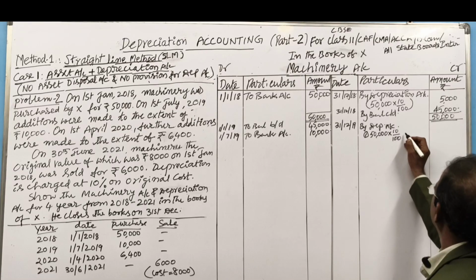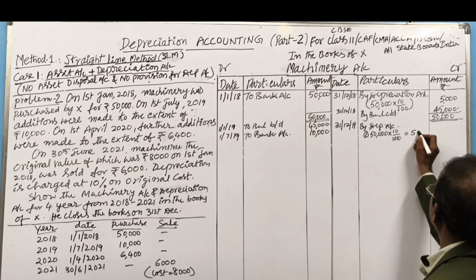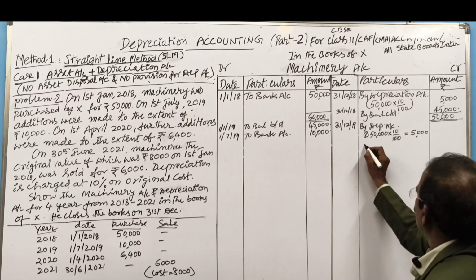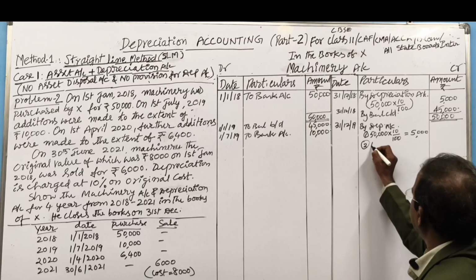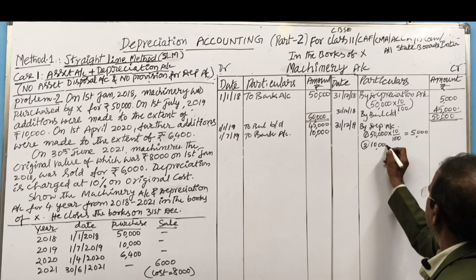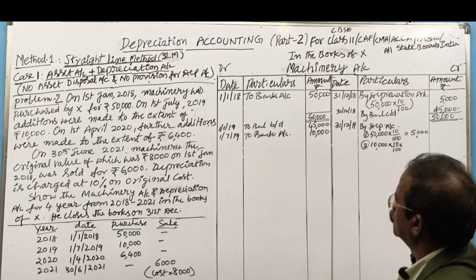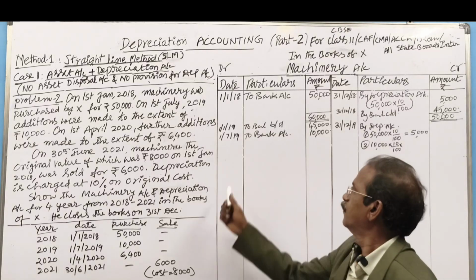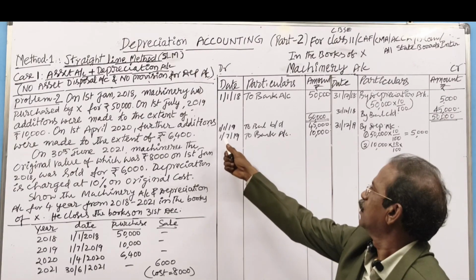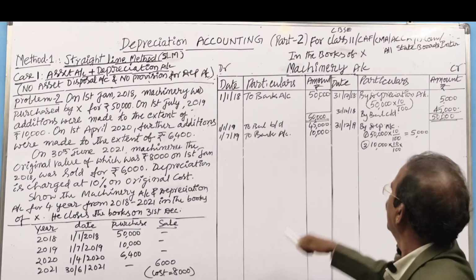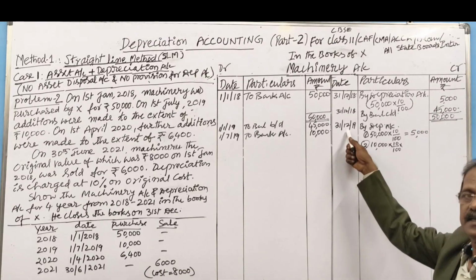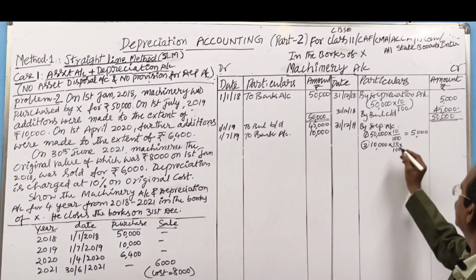10 by 100 equals 5,000. Now if you take the second machine, 10,000, again 10%, but this machine is used only 6 months. Why? Because we purchased it on 1/7/19 and we used it till 31/12/2019.